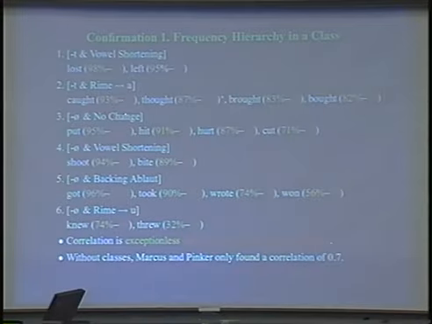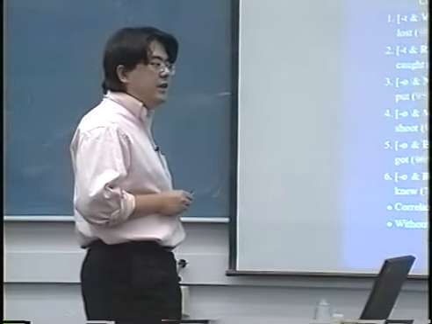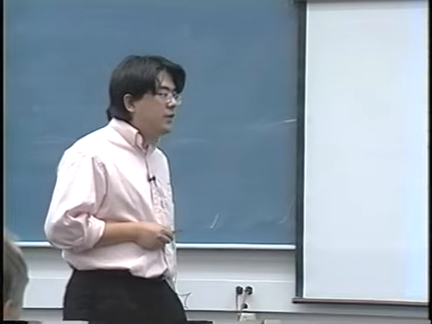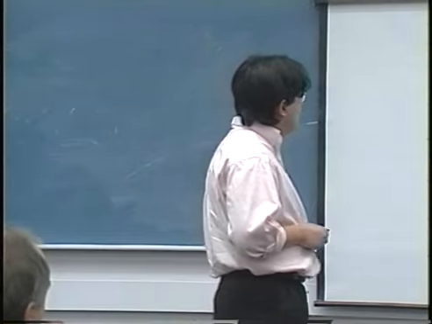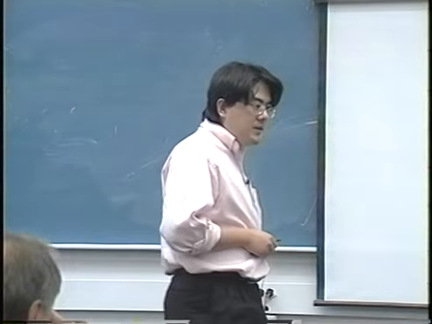What are we claiming about leave and lose, that they're in the same class? Yes, they're in the same class. Which class? You add a suffix t and then you shorten the vowel. Vowel shortening is a very robust process in the English language.